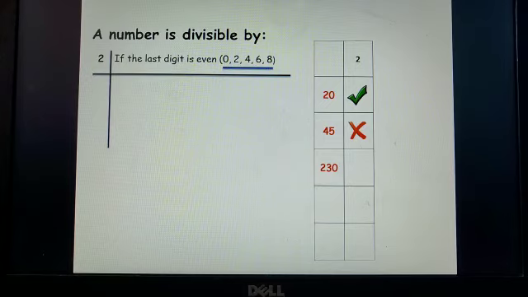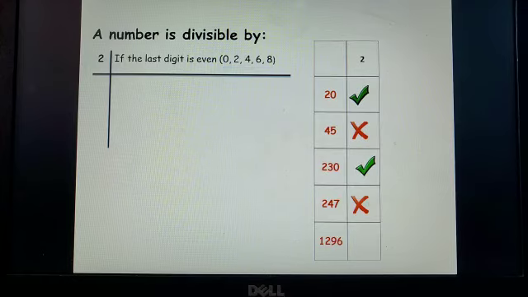We look at the last digit and we can see it's a 0 and it is in our list of numbers. So we know that 230 is divisible by 2. 247. Same rule again. Is the last digit an even number? No, it's not. So we know that it's not divisible by 2.